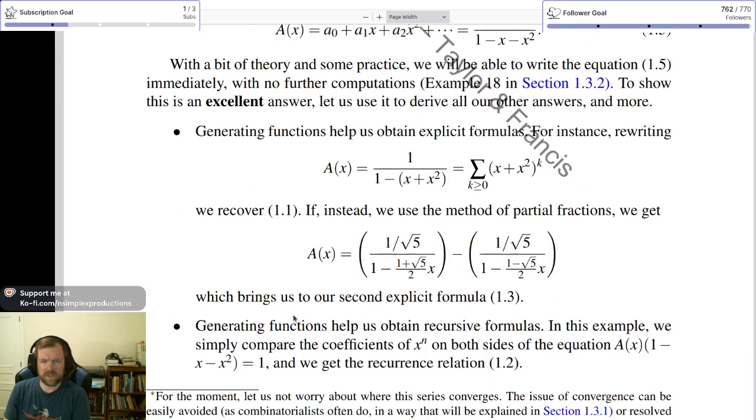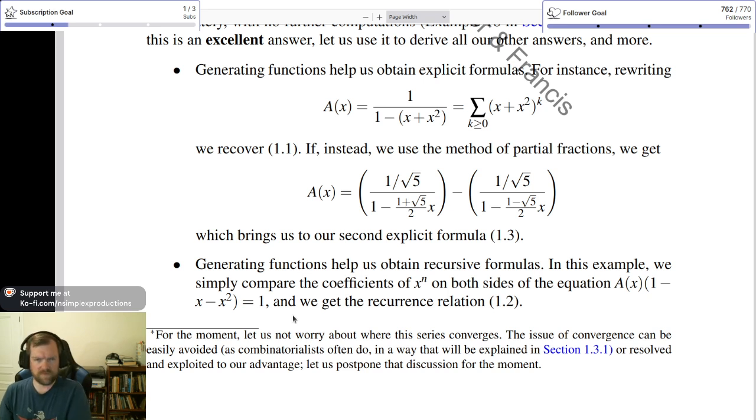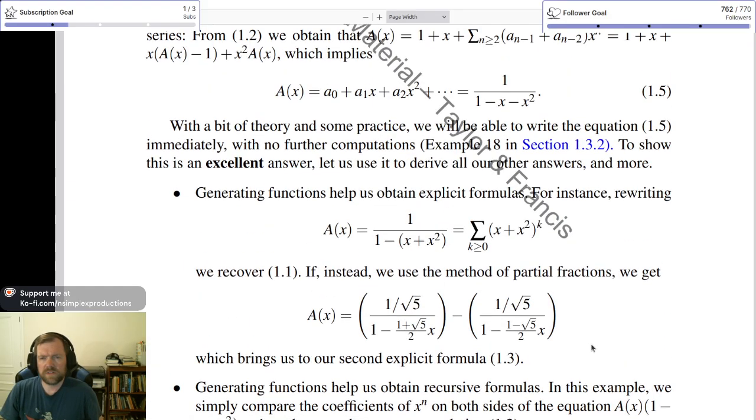Generating functions can help us find explicit formulas. For instance, rewriting A(x) equals 1 over 1 minus the quantity x plus x squared, is the sum as k goes from 0 to infinity of x plus x squared all raised to the k.